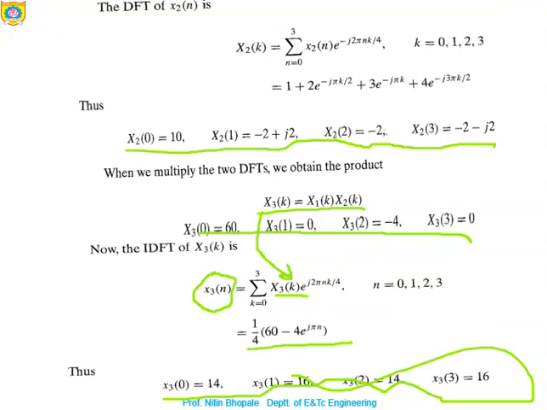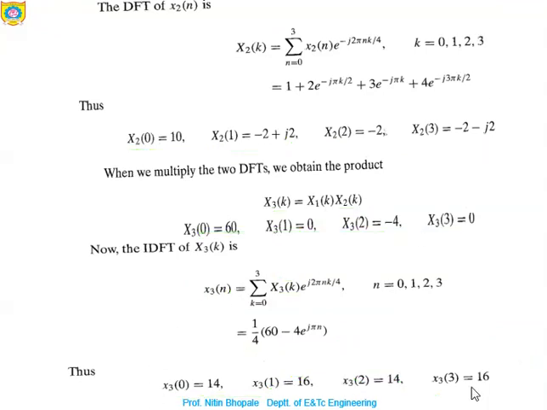It is just verified here with the other approach, that is DFT IDFT. Firstly we took the DFTs of x1 and x2, then we multiplied their DFTs, we got x3 of k. We took its inverse and we got x3 of n, and that is what we just verified here.